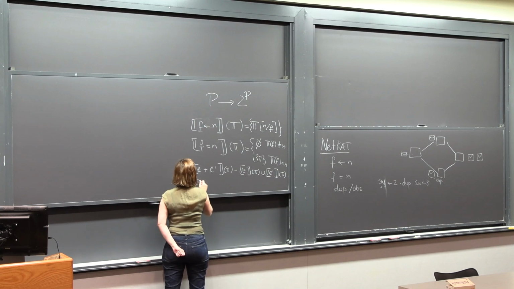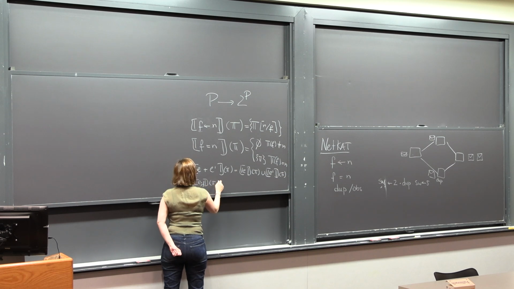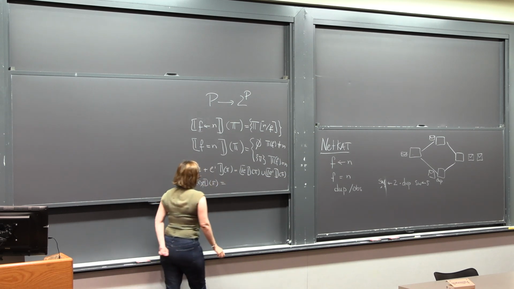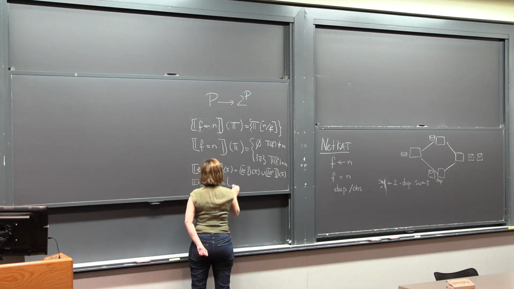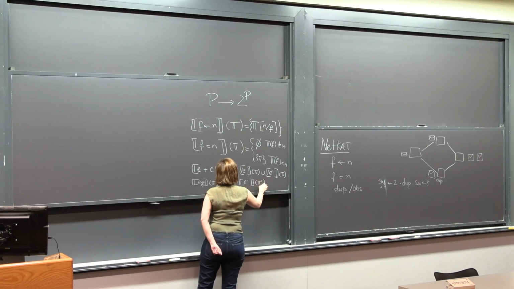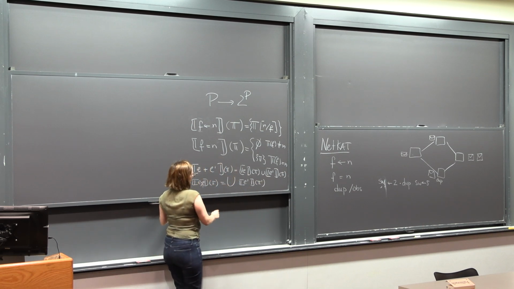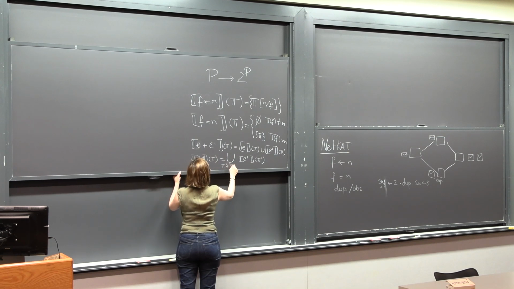And sequential composition. Let's not use F, E prime. Sequential composition is what you might expect, which is the union of all E prime of pi prime, for all pi prime that are in E of pi.